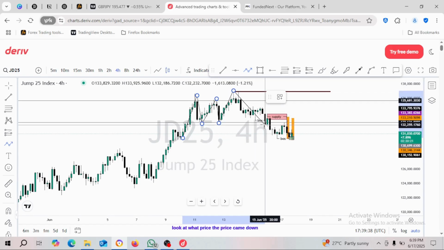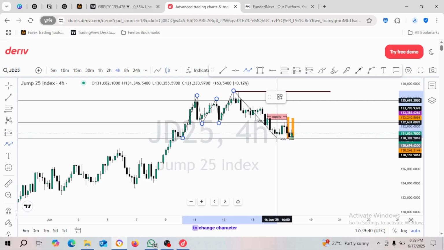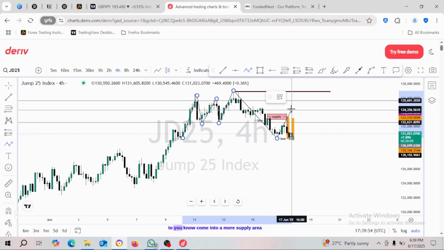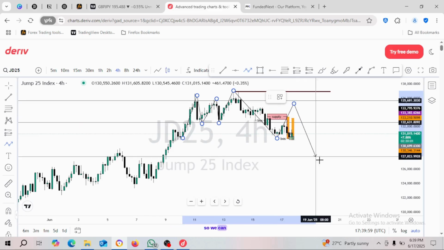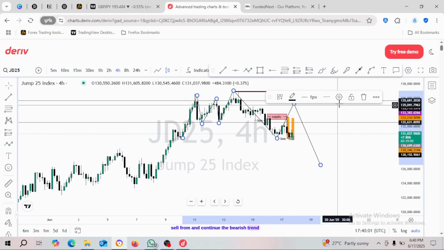Now look at what price did. Price came down to change character. Do you understand, guys? Price changed character to the downside, giving us a potential change of character to the downside, signaling what? A reversal. So we want price to come into a more supply area so we can sell from and continue the bearish trend.